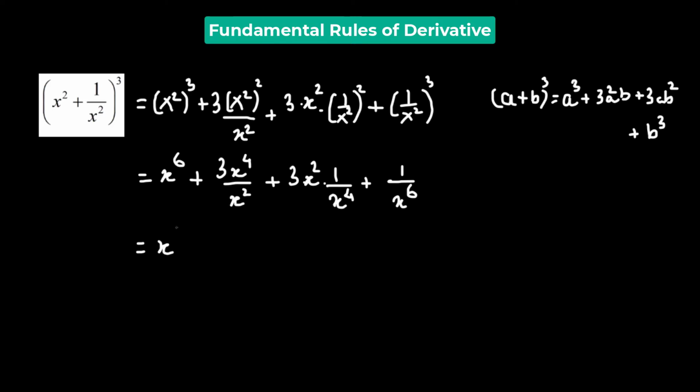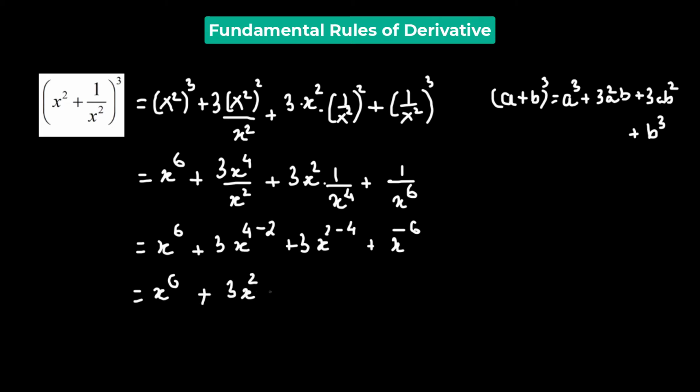So we have x raised to the power of 6 plus 3 times x raised to the power of 4 minus 2, plus 3 times x raised to the power of 2 minus 4, plus x raised to the power of negative 6. We have x raised to the power of 6 plus 3x squared plus 3x raised to the power of negative 2 plus x raised to the power of negative 6.